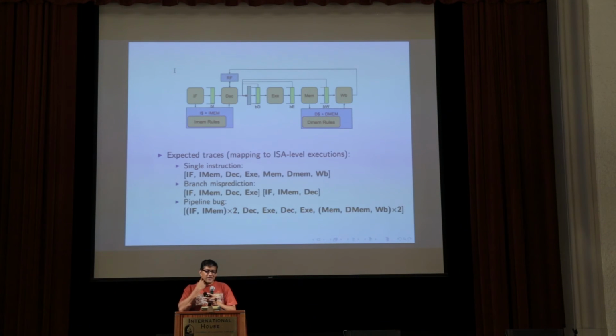A bug in the pipeline manifests by the tool telling you that there's no way it can fit a sequence of microarchitectural state changes into a state change from a single ISA level state to another ISA level state. So it'll show you the sequences that don't fit this mapping.